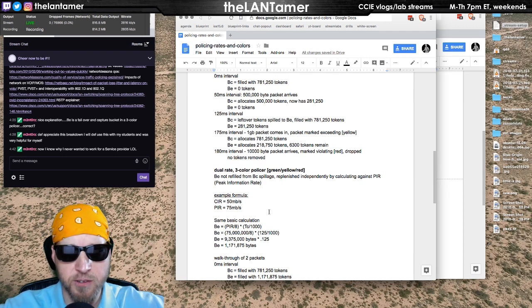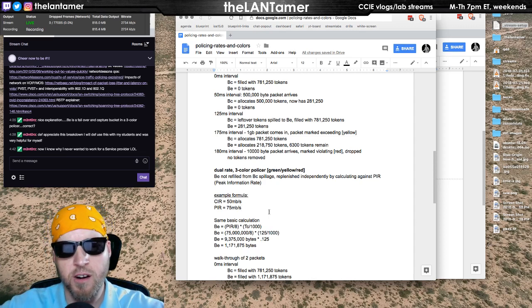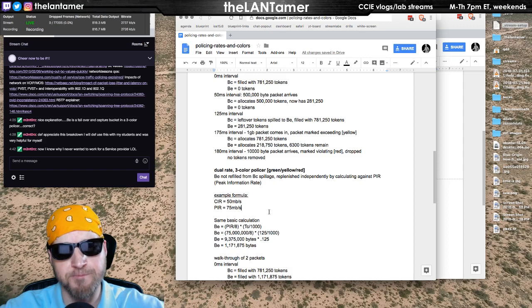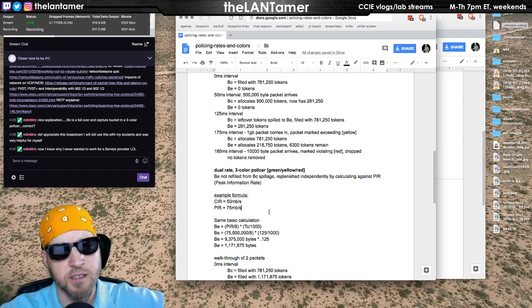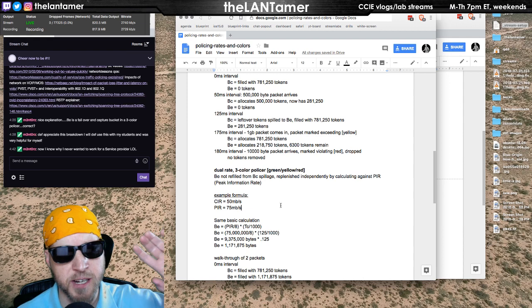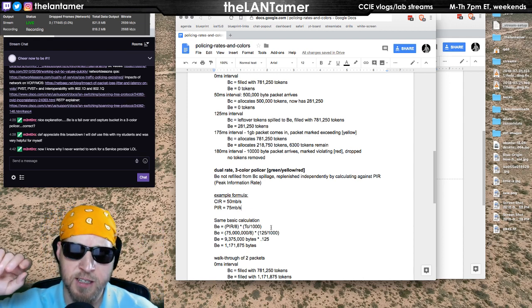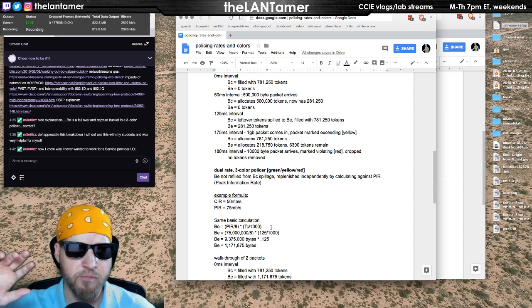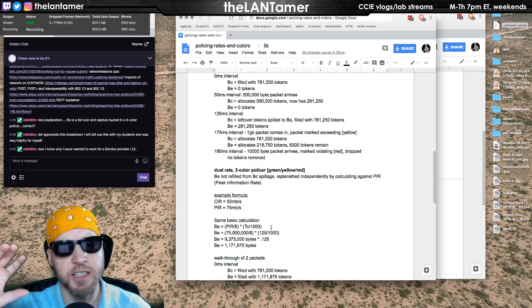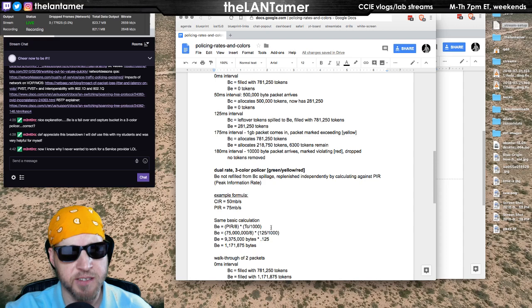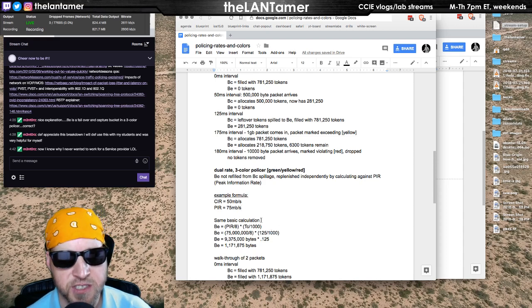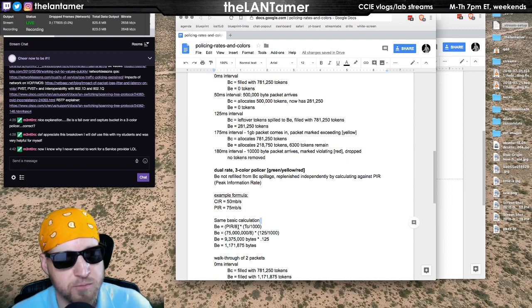So every time cycle, like every 125 milliseconds, the BC bucket will get the equivalent of the tokens it needs to maintain 50 megabits per second. The PIR, or the BE bucket, will get the tokens it needs to sustain 75 megabits per second. And it's the same calculation for BE as BC. It's just we're using a different rate.